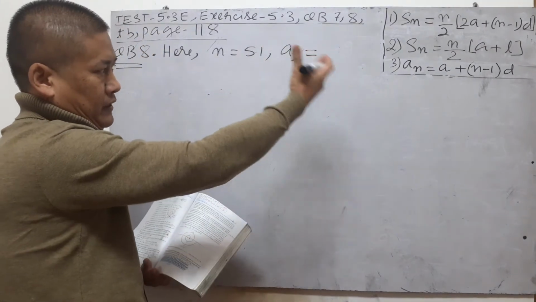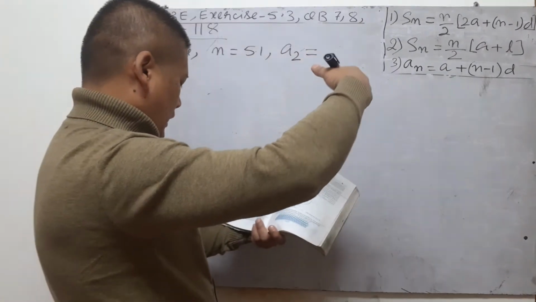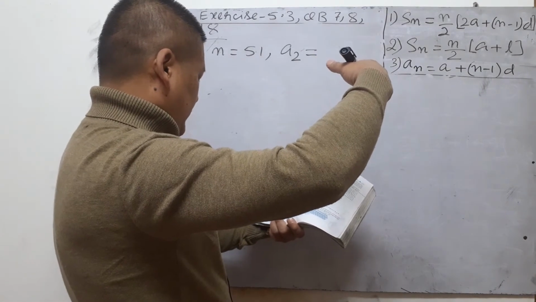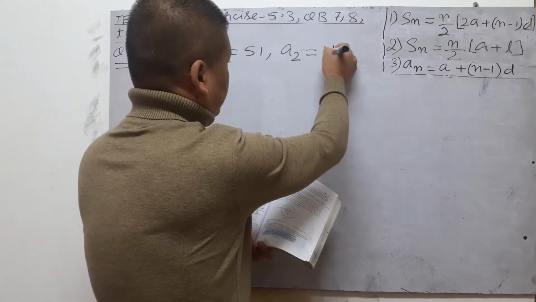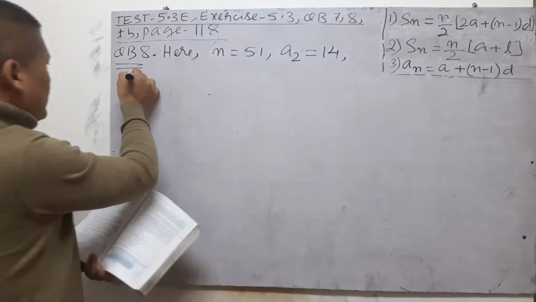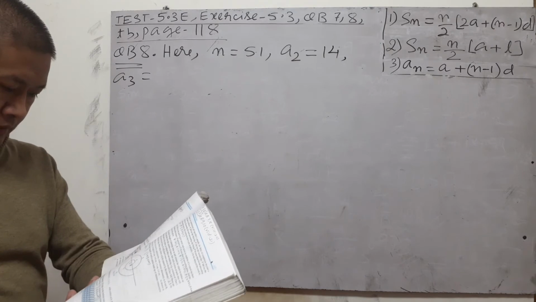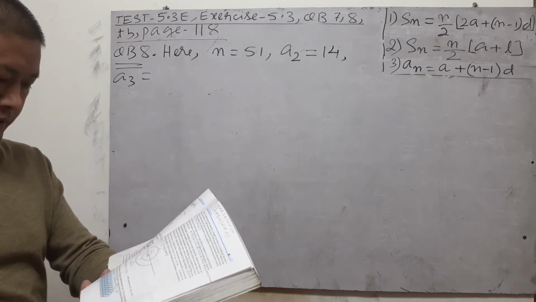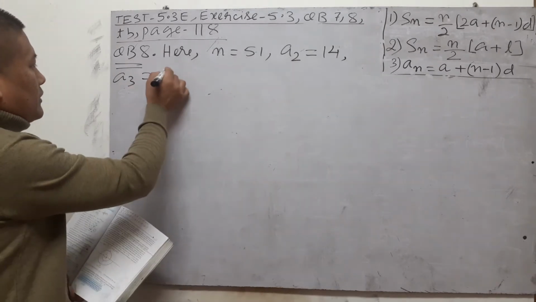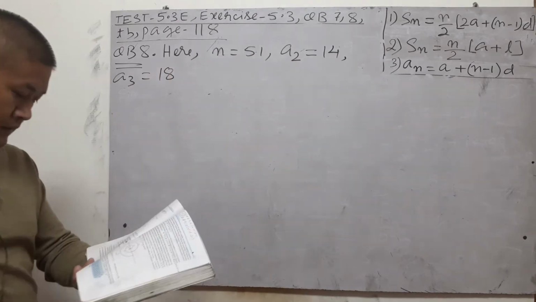Fifth term is A5, second term A2, like that, right? So second term value is given as 14, and the third term value, which is A3. Look into your text, second and third is 14 and 18, means third term will be 18.